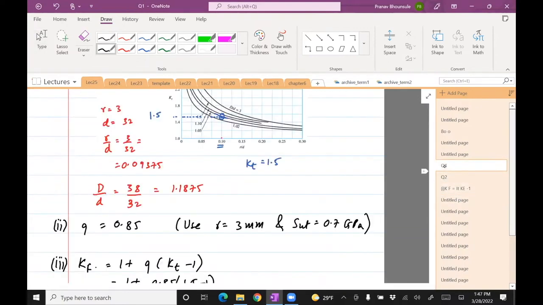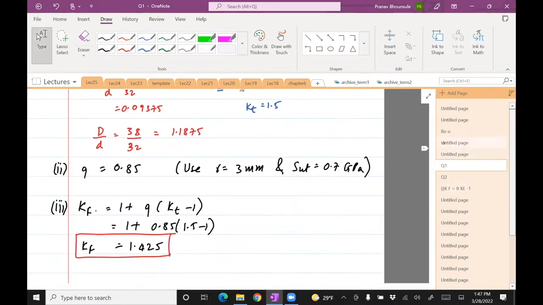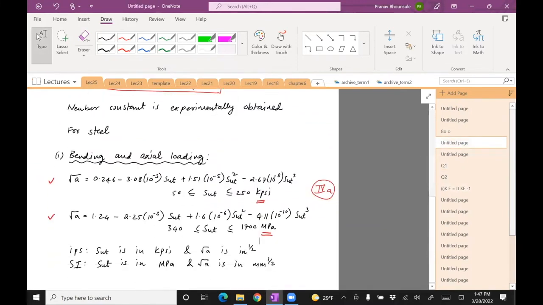So let's see what the formula is for square root of a. So we are looking at bending and we have kpsi. So we need to use the formula for a. I'm just going to plug this. Oh, my bad. Sorry. It's in MPa, right? SUT, it's 690 MPa. So we should use the second one.